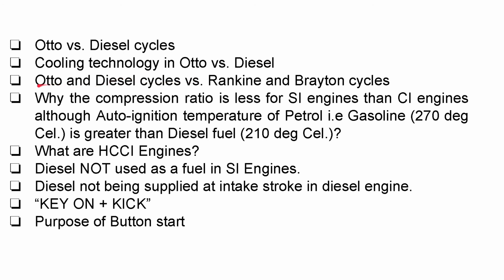And then I'll differentiate between the Otto cycle and diesel cycle versus the Rankine cycle and Brayton cycle. The Otto cycle and diesel cycle are mostly used for power generation in vehicles and the automobile industry, because they are very compact. We can make them in a compact space, while the Rankine and Brayton cycles are used for power generation.